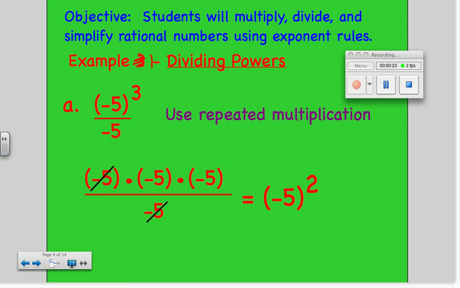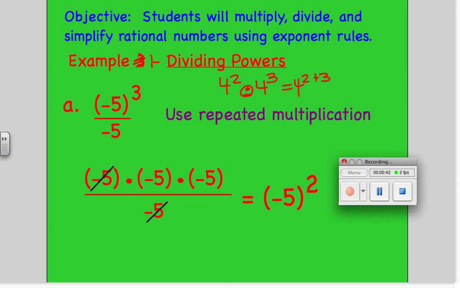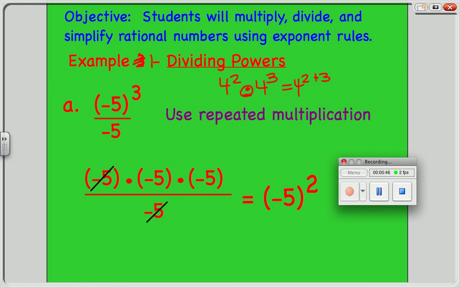When we multiply exponents, let's say I have 4 to the power of 2 times 4 to the power of 3. When I multiply exponents, I add the exponents together. Because what are we saying here? 4 times 4 times 4 times 4 times 4.